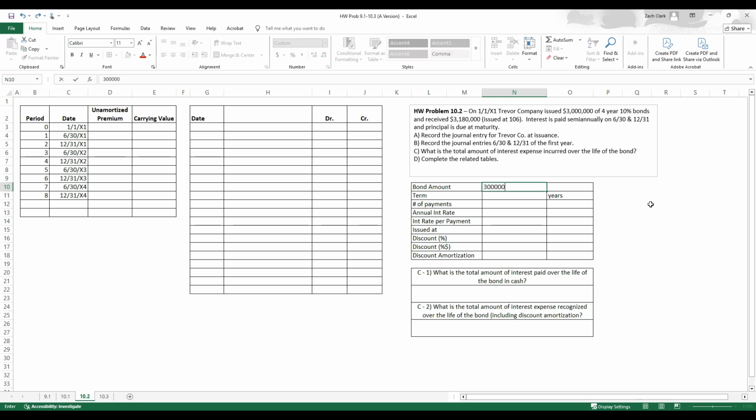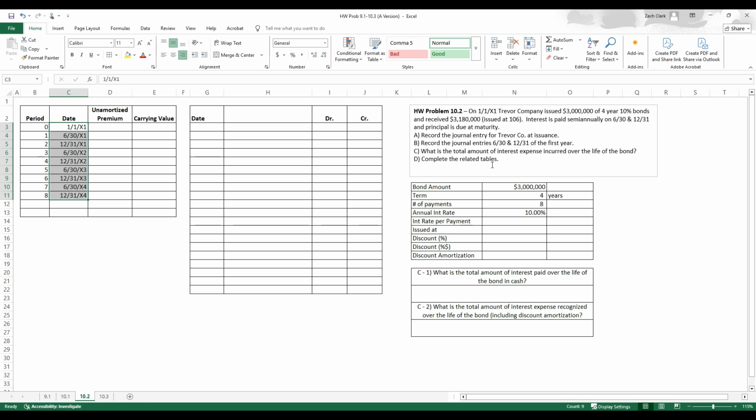We have $3 million of bonds that were issued, and it's a 4-year term at 10%, and we received 3,180,000, so it was issued at 106. The number of payments, it's semi-annual payments, so 4 times 2, so 8 total payments. We can see that matches up with our table over here.